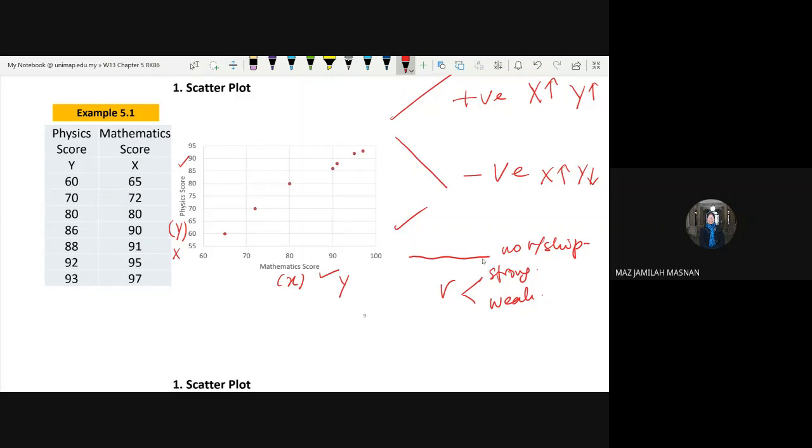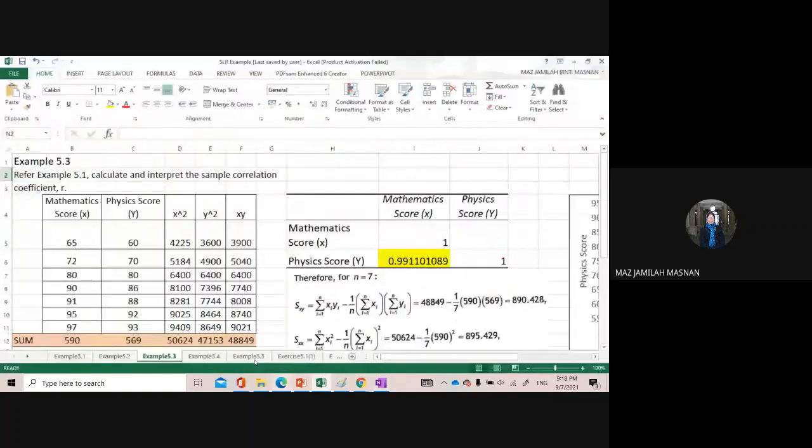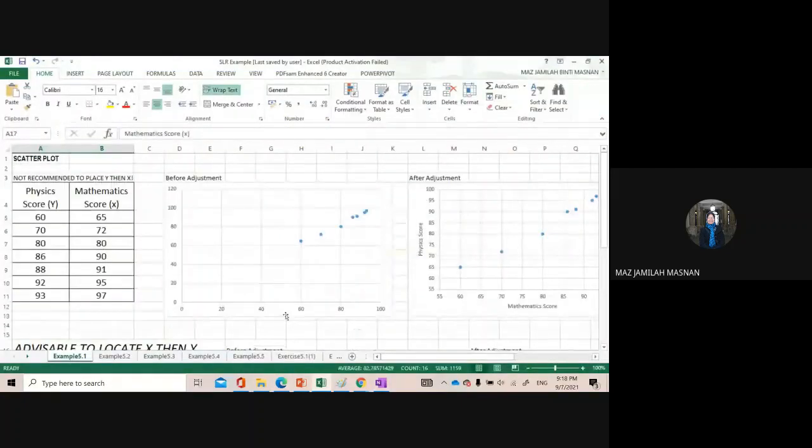Simple linear regression follows x as the horizontal and y as the vertical. Let us see how we can do the scatter plot using Excel. Now, can you see my Excel, class?